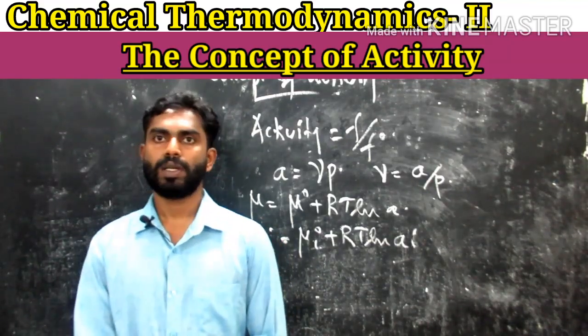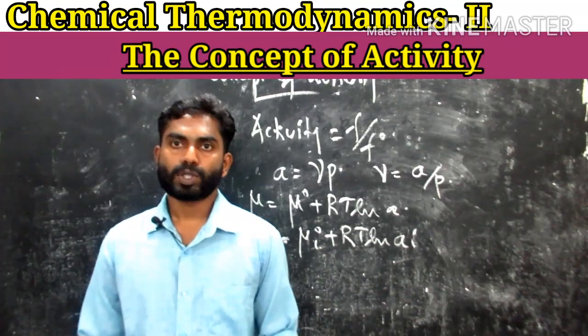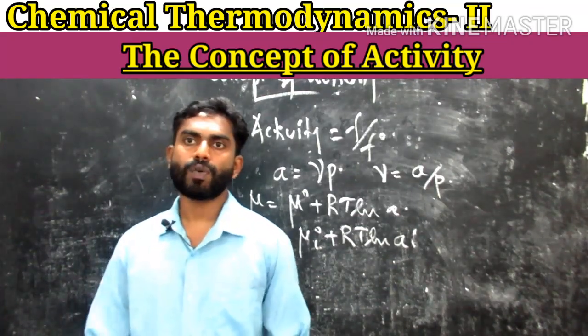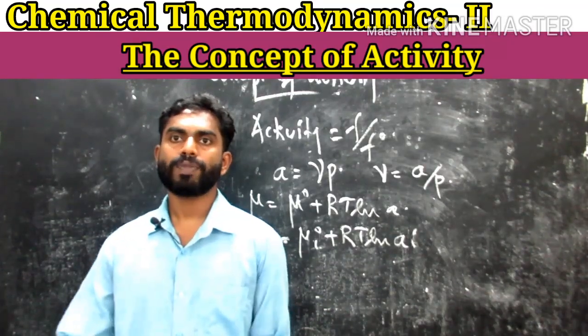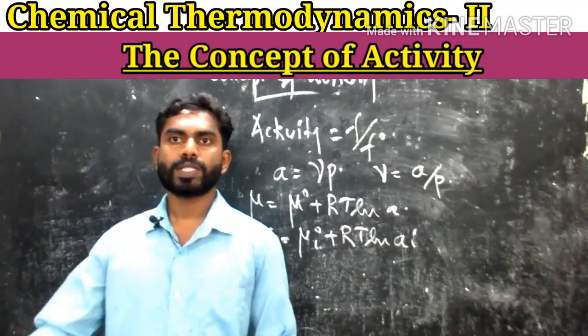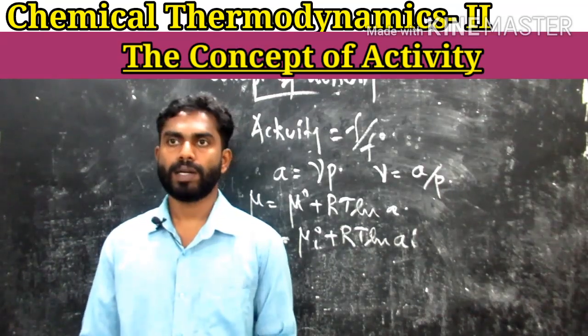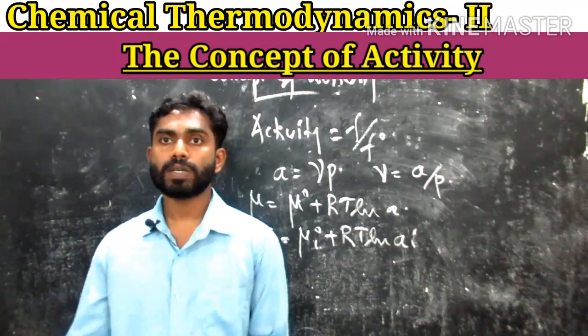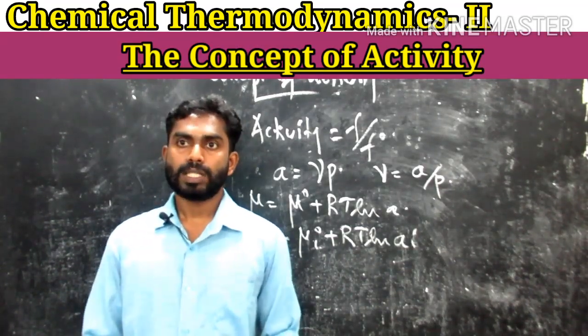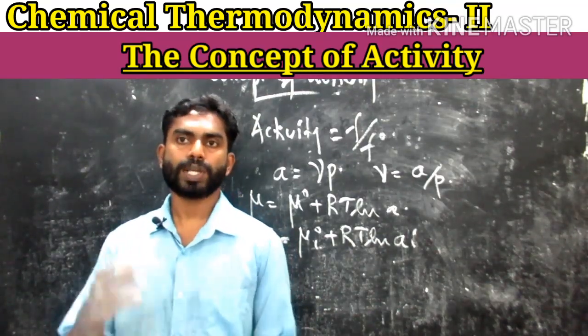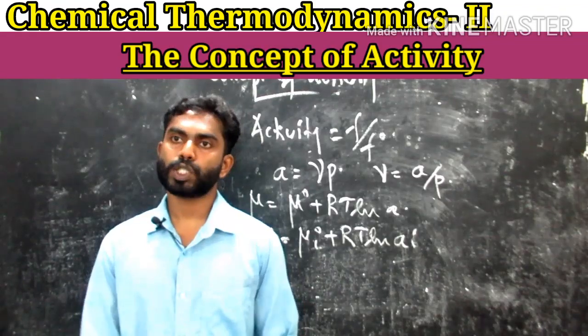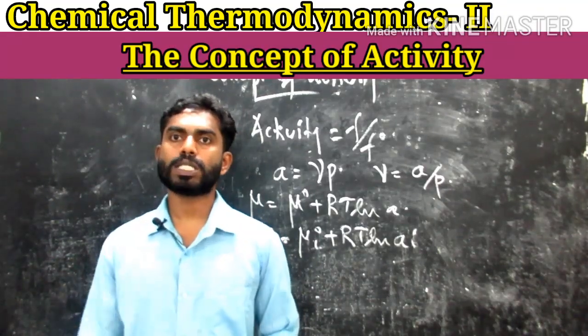Consider a process in which a system consisting of 1 mole of a substance, say a real gas, changes from a state 1 with chemical potential mu1 and Gibbs energy G1, since the quantity considered is 1 mole, to a state 2 with chemical potential mu2 and Gibbs energy G2.